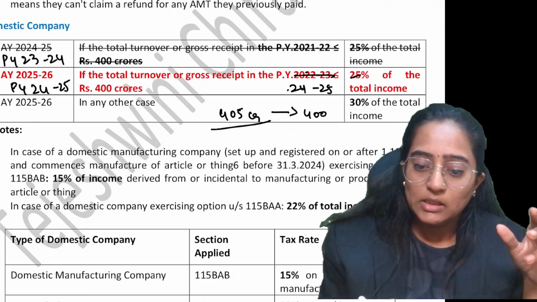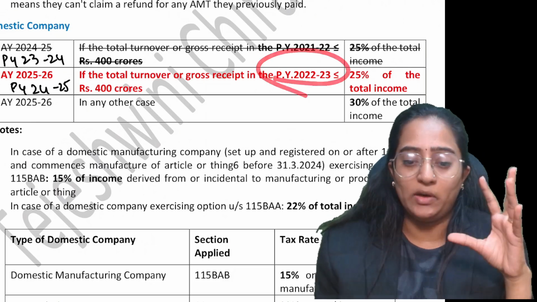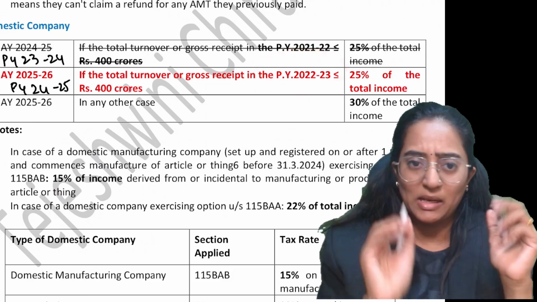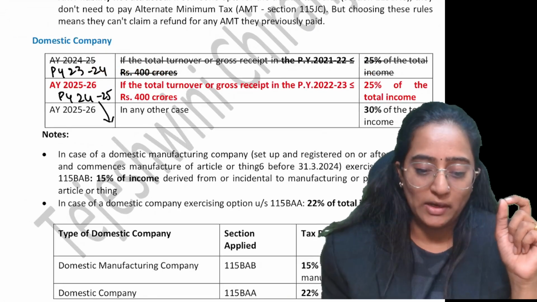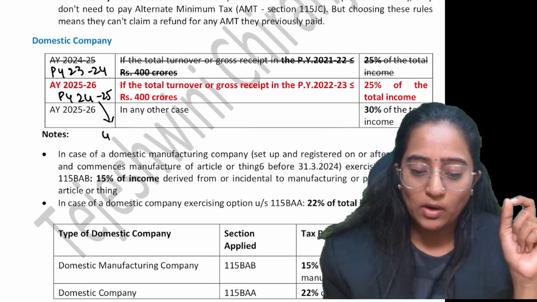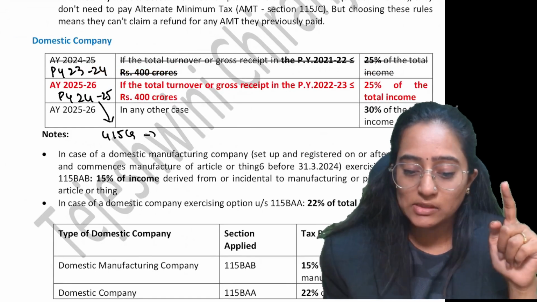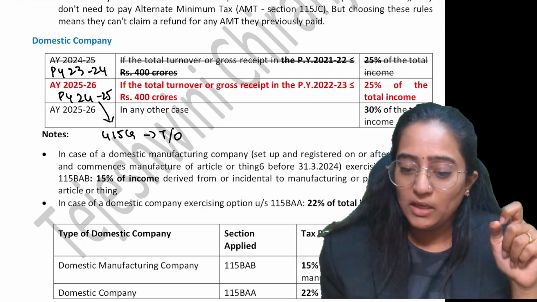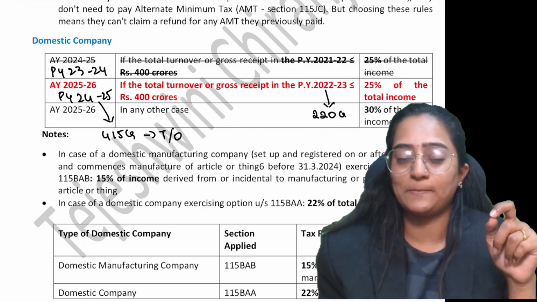Let's take one simple example. Relevant PY, PY 24-25, the turnover is 415 crores. But in PY 22-23, your turnover was 220 crores.